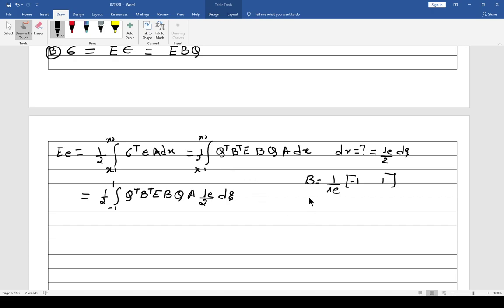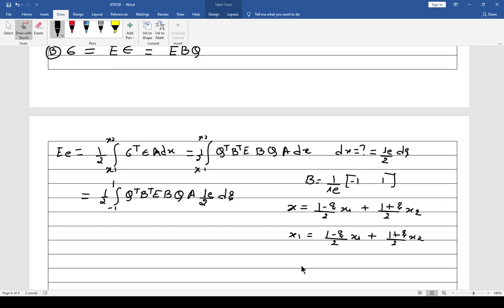Okay, so I hope you got it. Just a simple thing. Some of you might be having a query related to this. So x = (1 minus xi) by 2 x1 plus (1 plus xi) by 2 x2. Let's put x equal to x1, (1 minus xi) by 2 x1 plus (1 plus xi) by 2 x2.